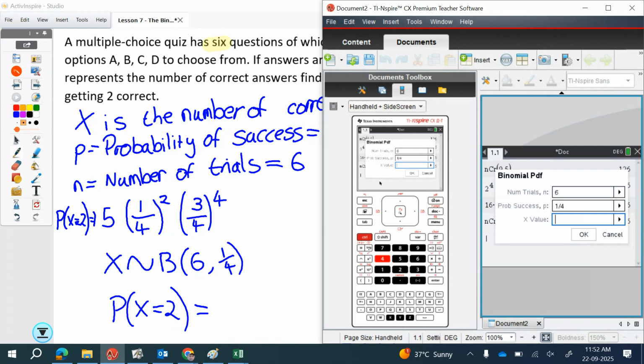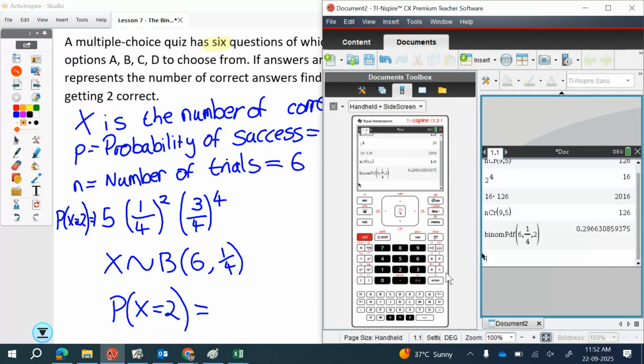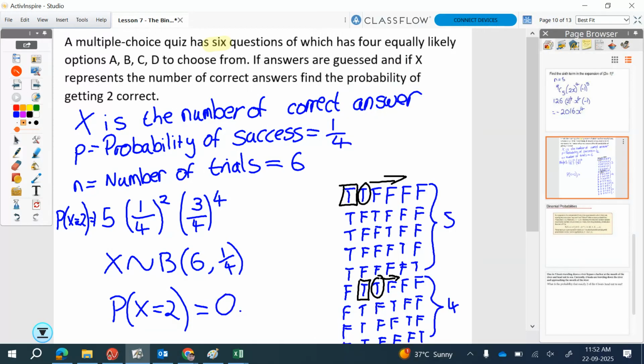What do we want x to equal? 2. So we get 0.297. Now, wait a second, we have to do the magic.